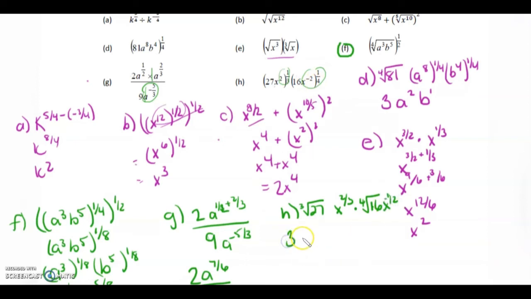So I get 3 times 2, so this is 3, this is 2, and we get x to the 2/3 plus negative 1/2. Okay, so I get 6, 2 over 3 minus 1/2. I get 1 over 6. So I get 6x to the 1 over 6.